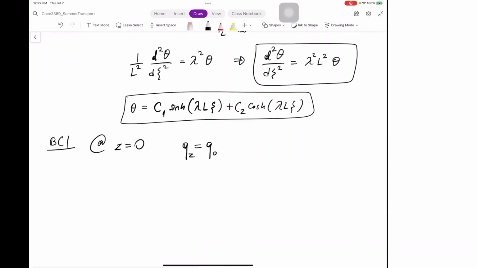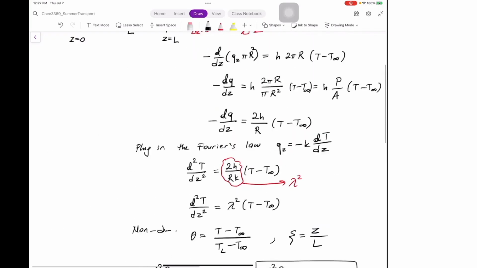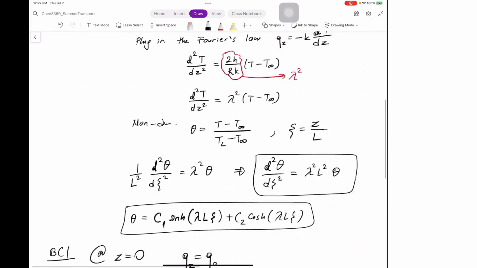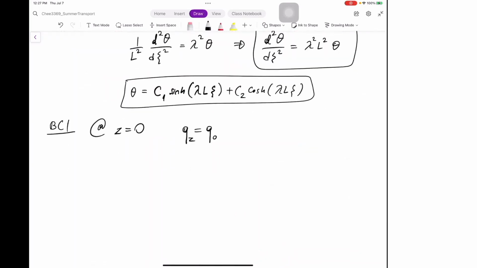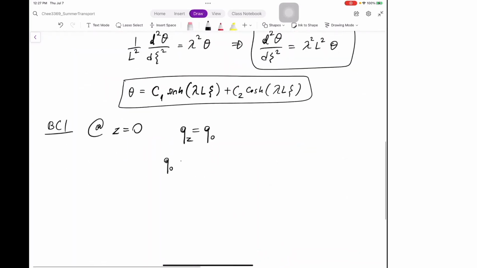And then the Q, you can write it in terms of theta as well. We know that Q is equal to negative K dT over dz, correct?